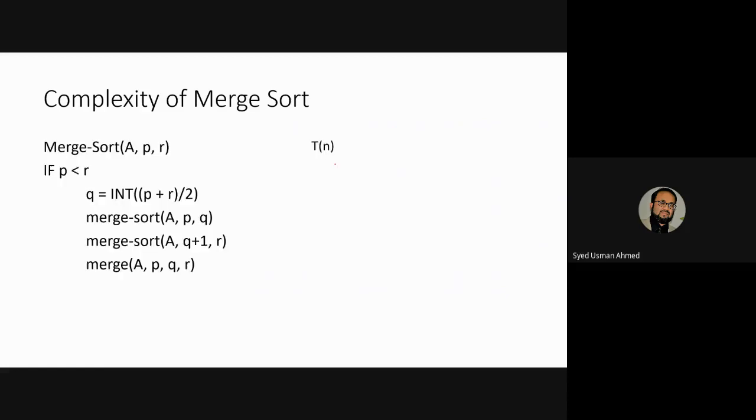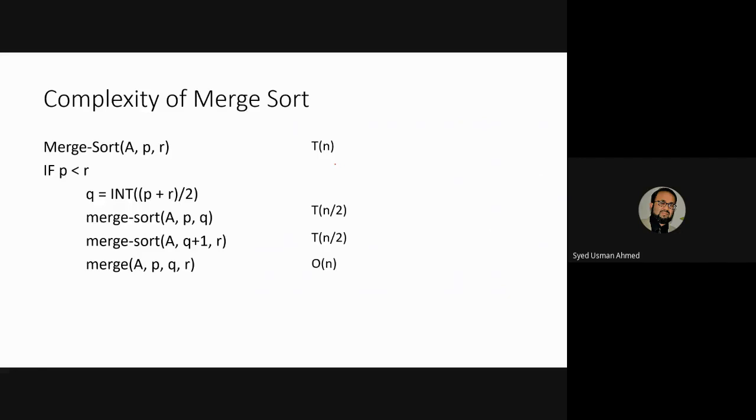Now, if we assume that the time required to implement merge sort is T(n), we can see that the time required to sort one half of the elements will be T(n/2), right? And the second merge sort again requires T(n/2). And we have seen in our previous slides that to merge n elements back into an array is O(n).